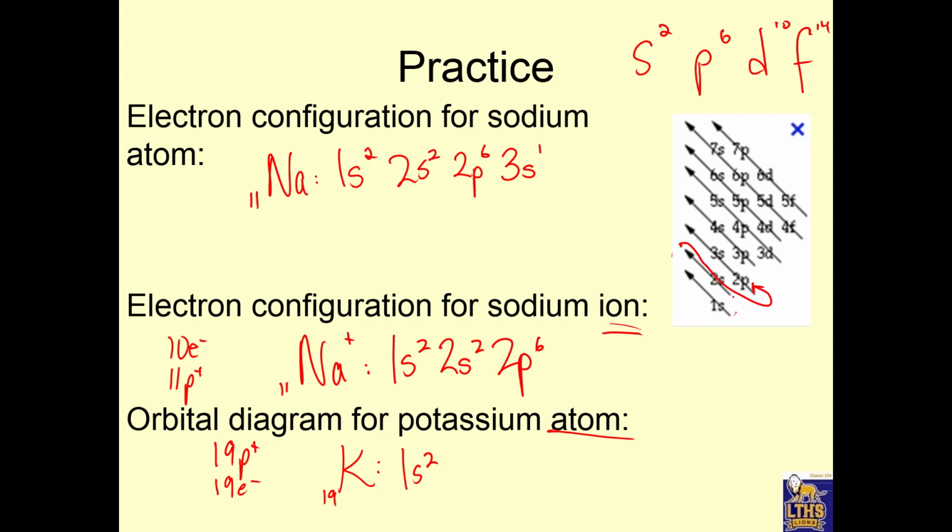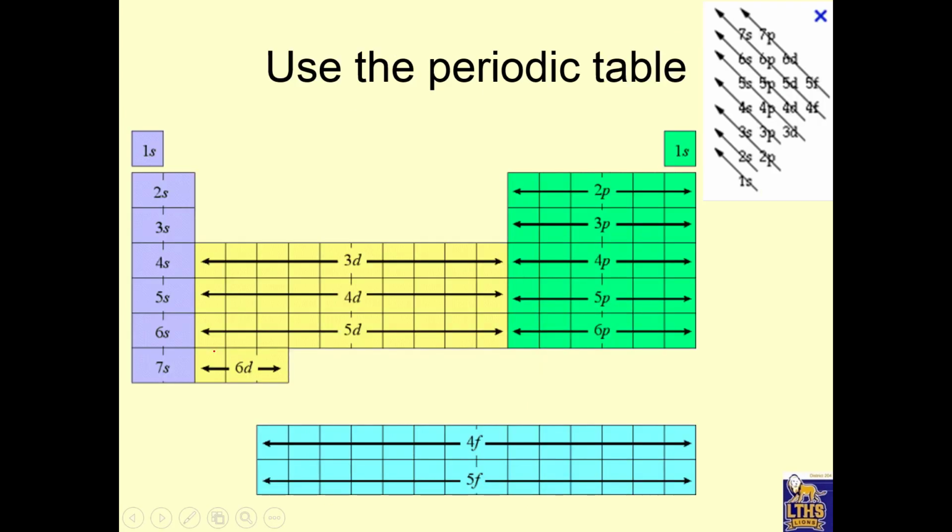That fills up, so they go back to here. 2s2, because s can only hold 2. 2p6. 3s2. And then back to here. 3p6. And then 4s1. And then I'm just adding up 10, 18, 19. 19 total electrons. So atoms are neutral, so protons equal electrons. Ions have charge, and we'll get to know what charges things make.